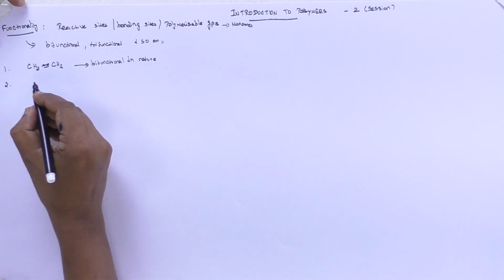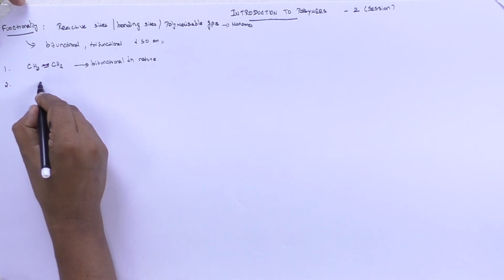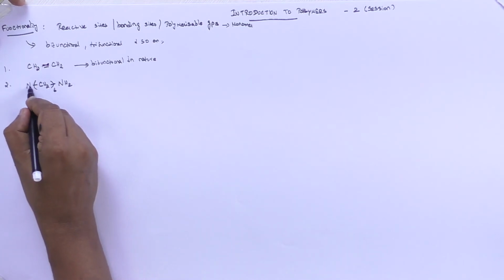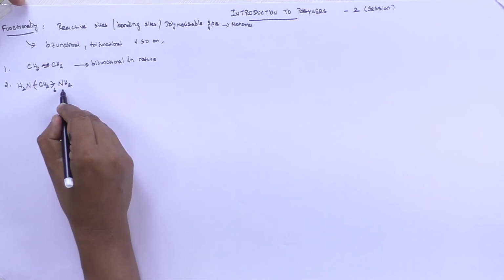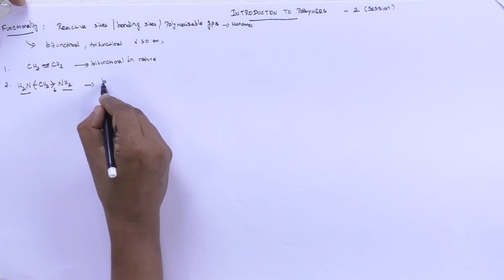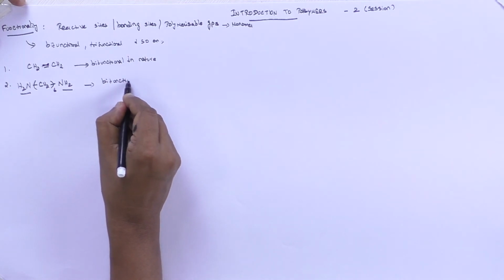The second example is hexamethylene diamine, H2N-(CH2)6-NH2. If you see, it has two polymerizable amine groups. Therefore, this is also bifunctional in nature.